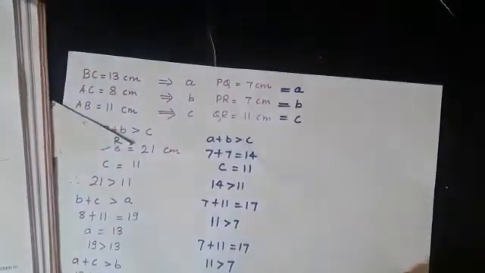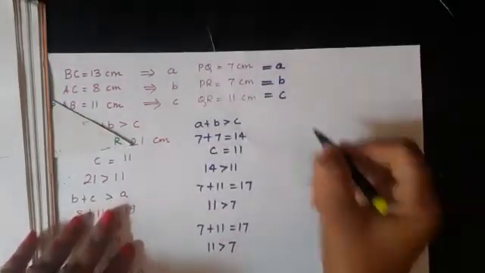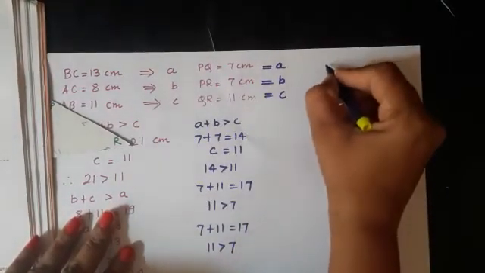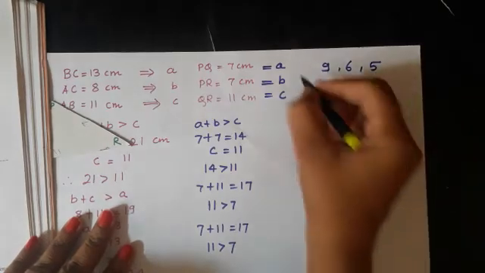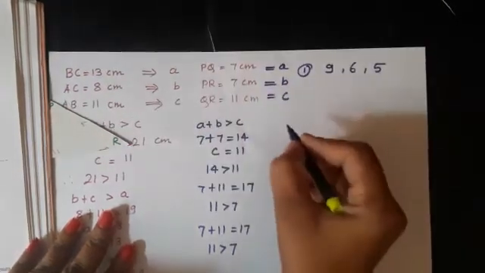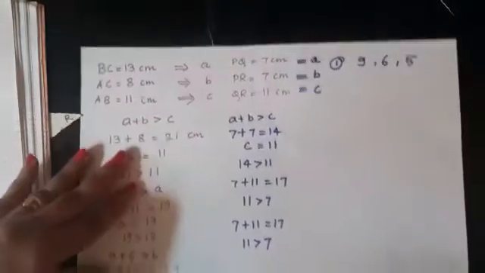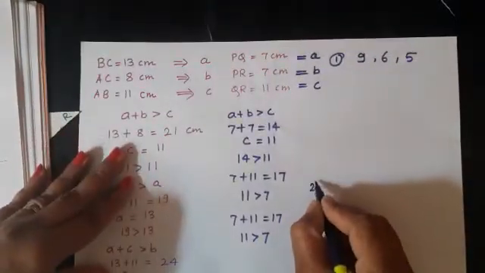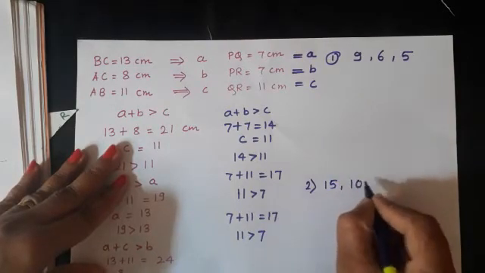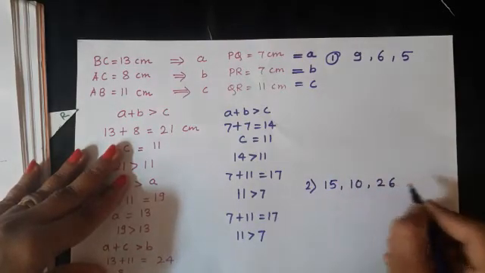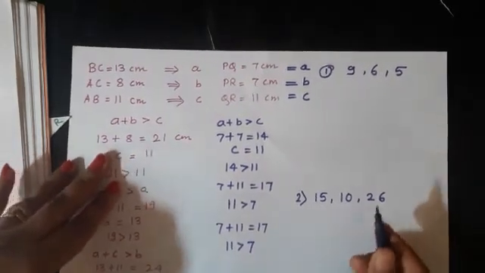The sides are given as 9, 6, 5. This first example I'll take, and one more I'll take. The second one is 15, 10, 26. So these two examples.